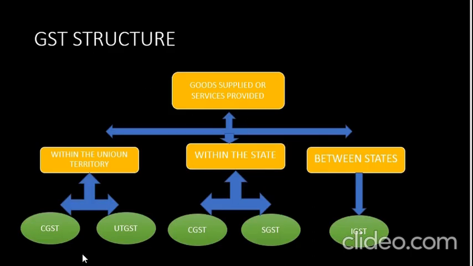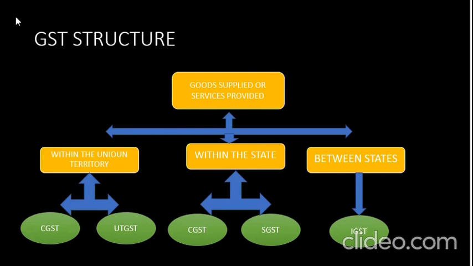The center and the state will simultaneously tax goods and services. The center will have the power to tax interstate supplies, and at the state level, SGST will be charged on intrastate supplies.